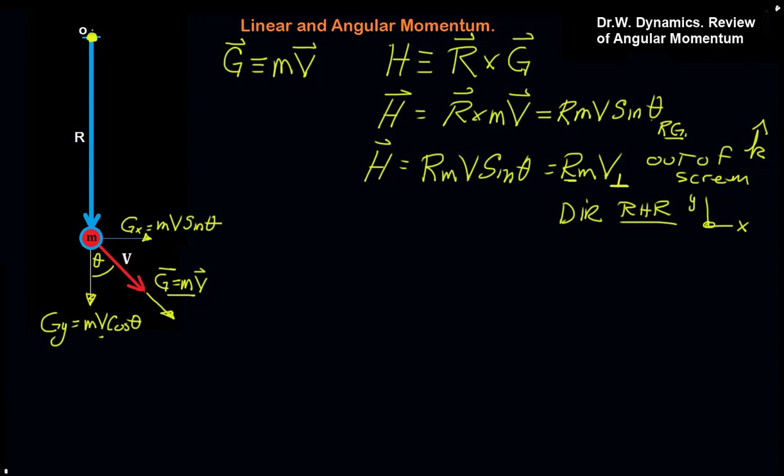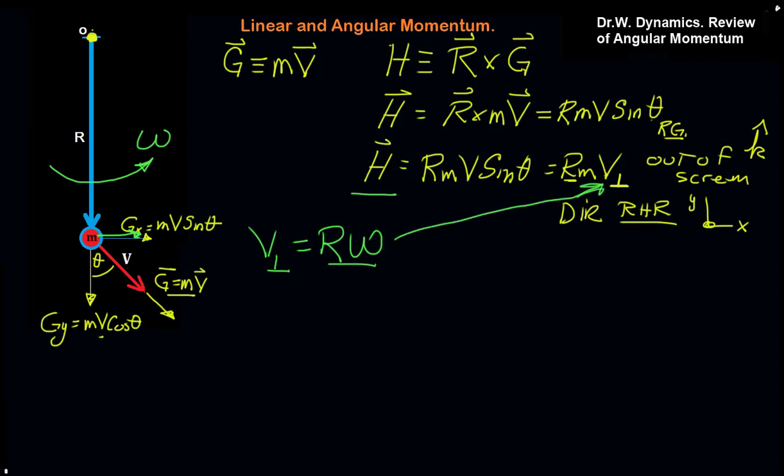We can also define this using angular velocity terms, where r is sweeping along at a rate of omega radians per second, and as such the velocity here perpendicular would be r omega at that instant, and we can put that into here and we'll get that H is equal to r m times r omega, or m r squared omega.